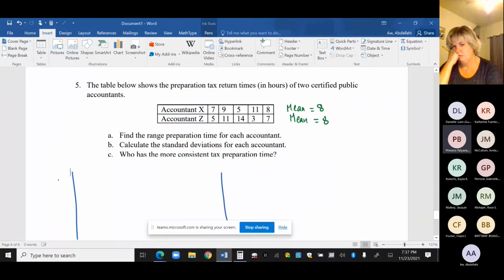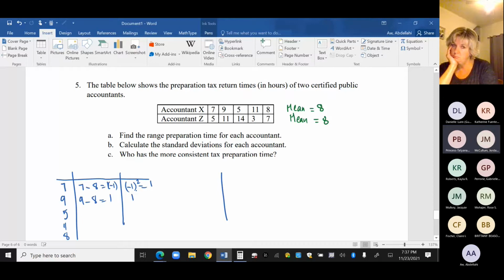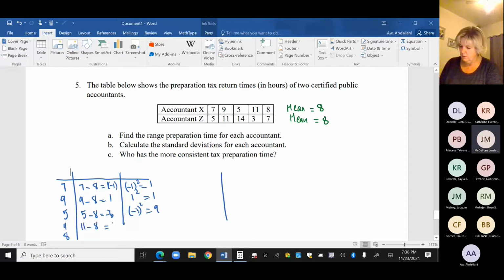Right here we have 7, 9, 5, 11, 8. So 7 minus 8 is -1, and -1 squared is 1. 9 minus 8 is 1, and 1 squared is 1. 5 minus 8 is -3, and -3 squared is 9. 11 minus 8 is 3, and 3 squared is also 9.